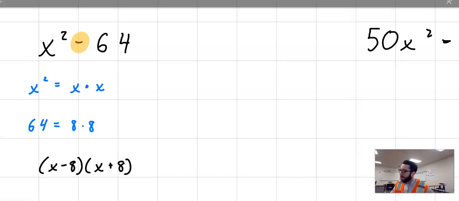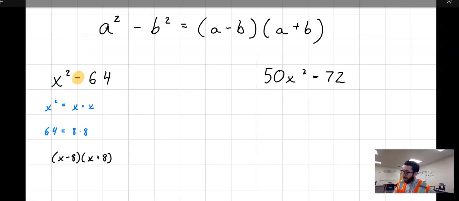If you were to distribute this, what's going to happen is your middle term, your b value, is going to cancel out because if my c is negative 64, in order to get 0, I need positive 8 and negative 8 because those make 0, and they multiply to 64. So again, this is just a little bit of a shortcut.